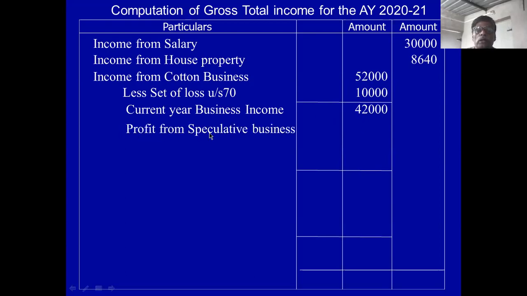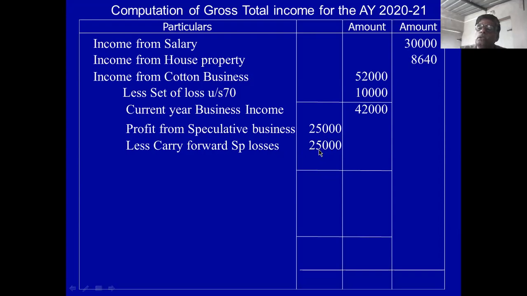Then you take the speculative business income. 25,000 is the current year speculative income, and carry forward speculative business loss is 30,000.